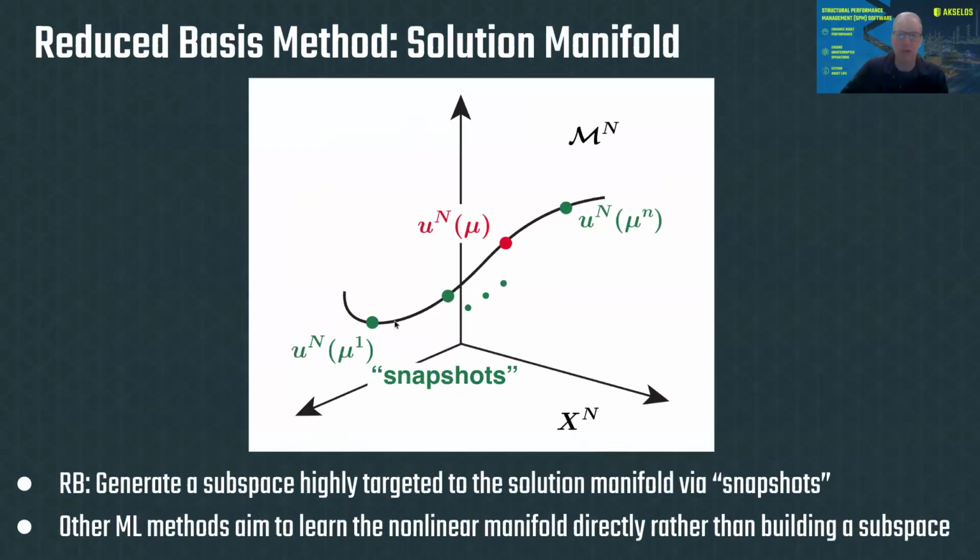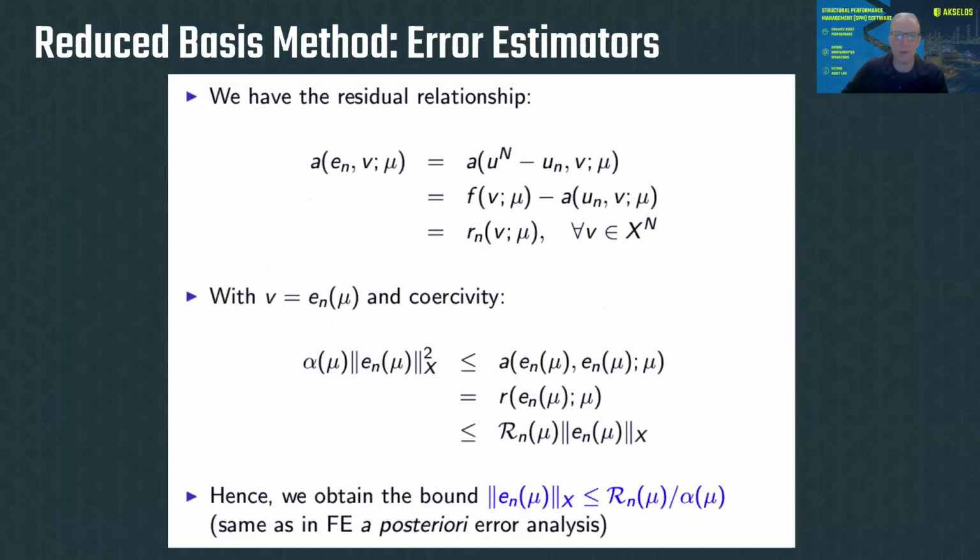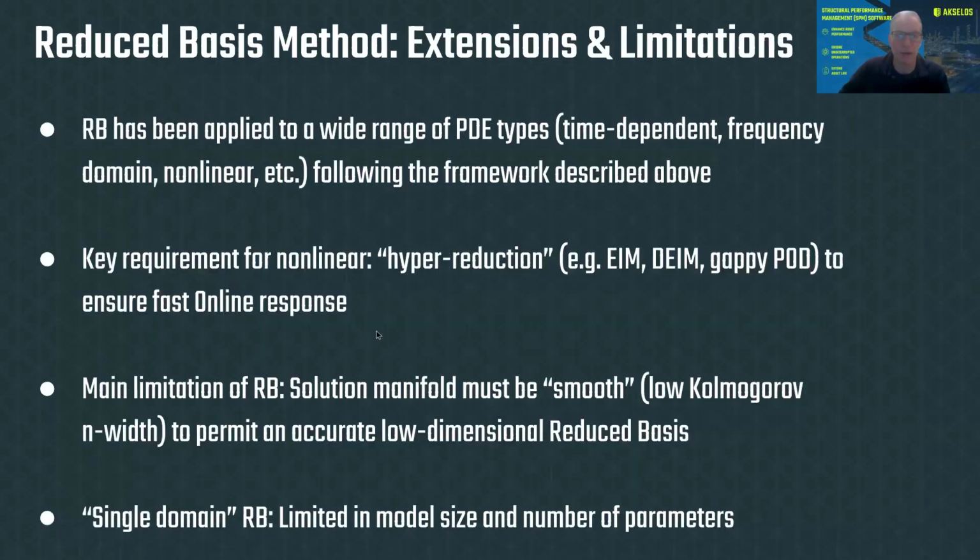So a lot of the focus in the RB and reduced order modeling world has been on so-called solutions that are smooth in parameter space, and that's a large fraction of structural analysis problems, for example, that fit that mold. I can talk about what we do in Akselos when we have cases that don't fit that mold, but I can get to that later.